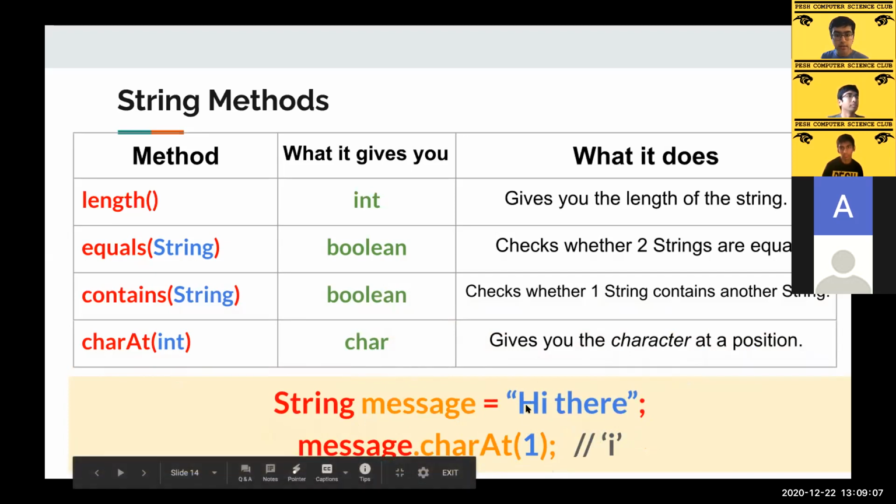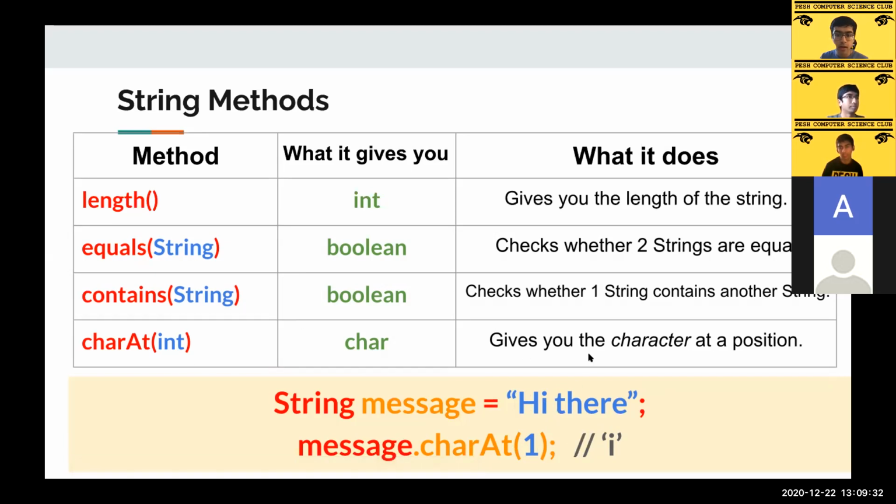So if you ask the computer, hey, what's in position 1 of message, it's not going to say H. H is the first thing, but it's in position 0. So that's why when we say message.charAt(1), it gives us the i, because the letter at position 1 is this i over here. And that's what charAt does. It just gives you the character at a position. The position numbering starts at 0.